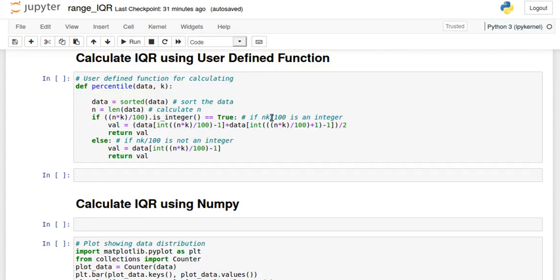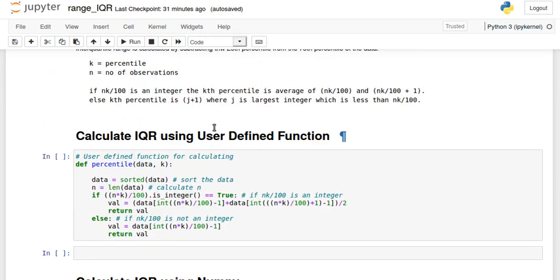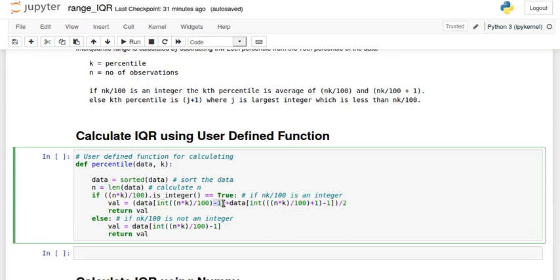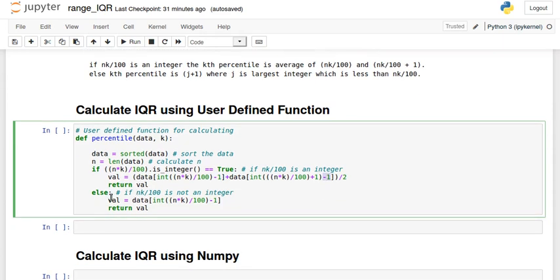Then if n into k divided by 100 is an integer, we will just put the same formula in here, but there is a trick that we have to minus it by 1, as Python follows zero indexing. So for both we just minus it by 1. If it is not an integer, then it is just n into k divided by 100 minus 1.